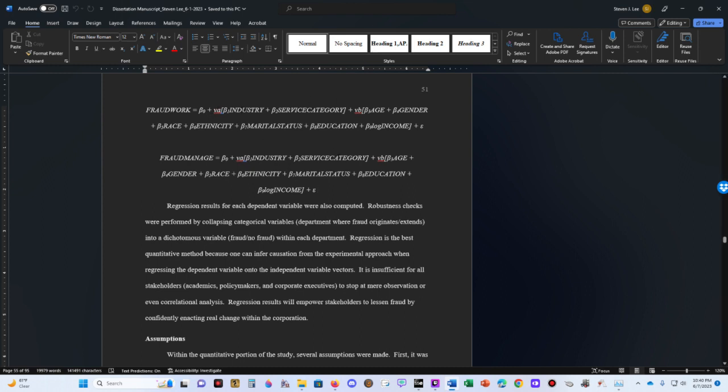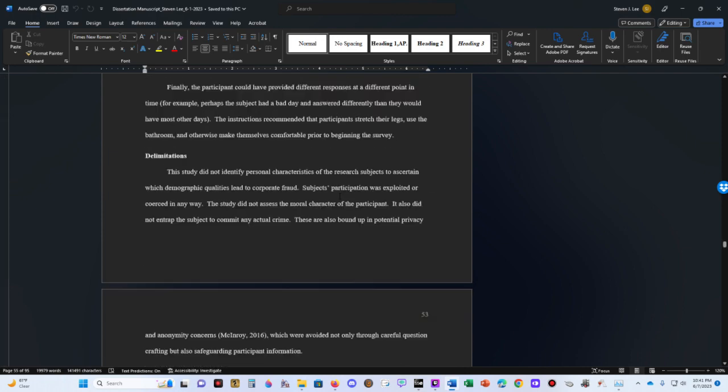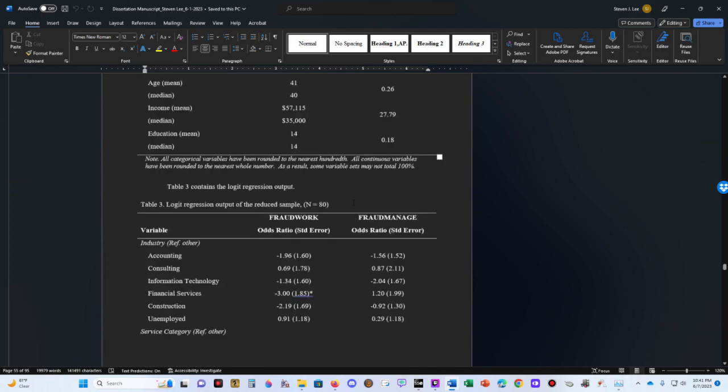The first vector was the industry and service category as the variables of interest. Second vector, we have the control variables of age, gender, race, ethnicity, marital status, education, and I took the log of income because I want to know whether higher or lower wage earners would be more or less likely to commit or perpetuate fraud. Perpetuate, that's the word I was looking for. Okay, so those are the models, and so let's move then to the results.